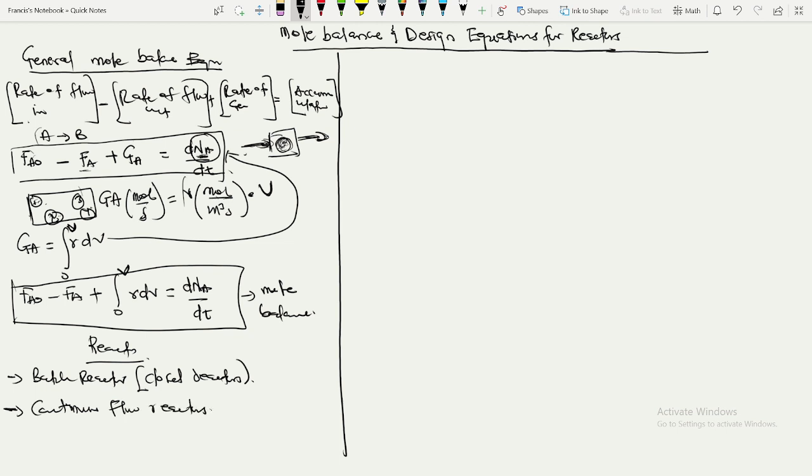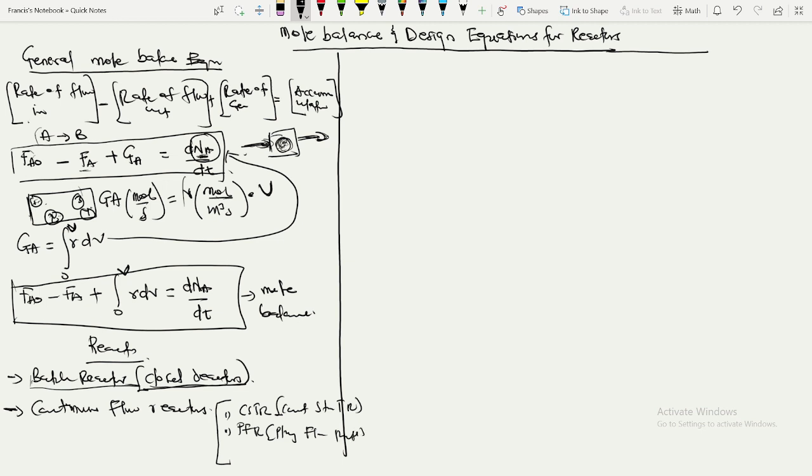Now, because you know what a closed system is, I guess we understand what a batch reactor means. A batch reactor operates under a batch process or a closed system, and the continuous flow reactors operate under a continuous system. With the continuous flow reactors too, we have different types. We have the CSTR, that is continuous stirred tank reactors. And then we have PFR, that is plug flow reactors.